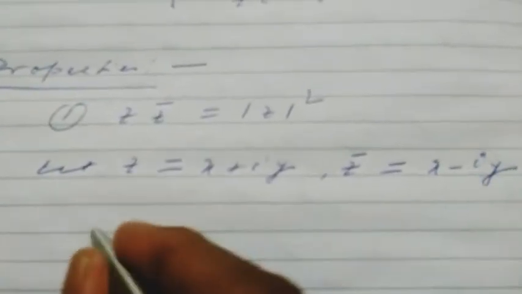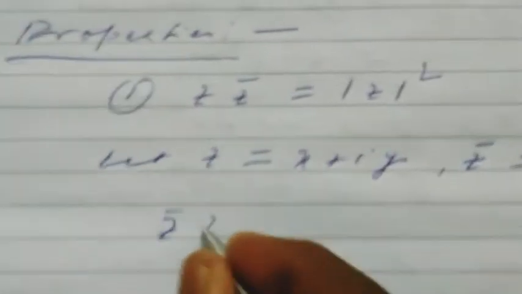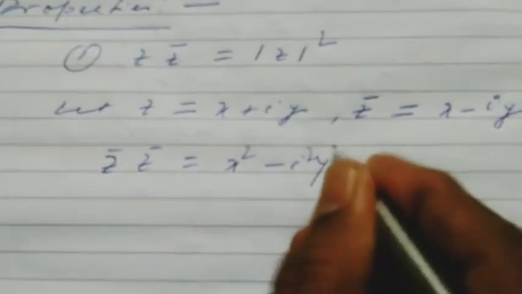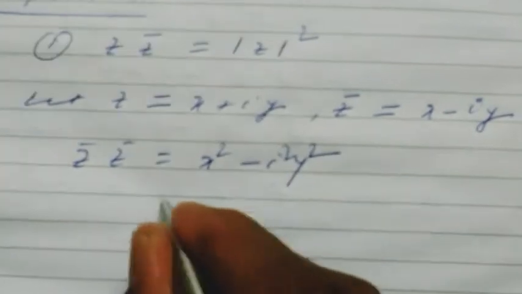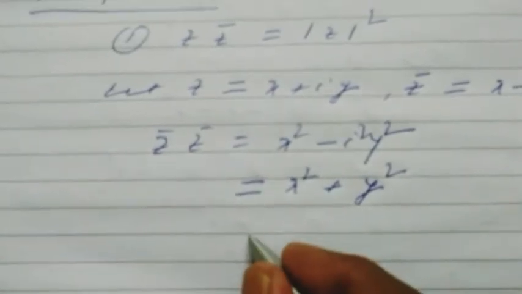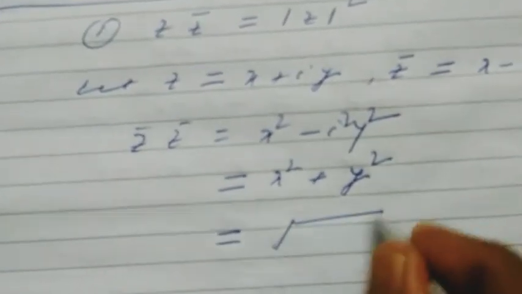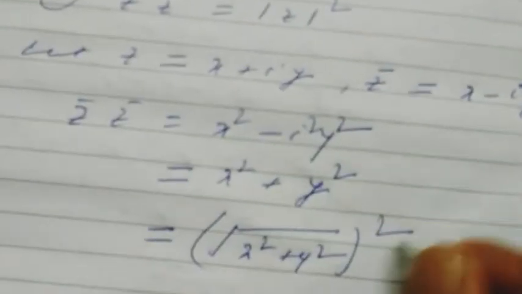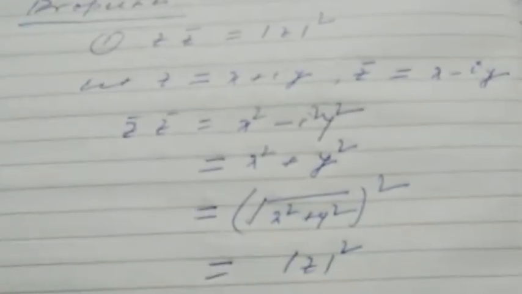When we multiply these, z times z conjugate will be x square minus i square y square. This is (a plus b)(a minus b), and this is x square plus y square. So finally, how can we write it? We can put a root and then a square. Why have I put the root? So that we can make the definition of the modulus of z. So basically, z times z conjugate will be mod of z whole square.